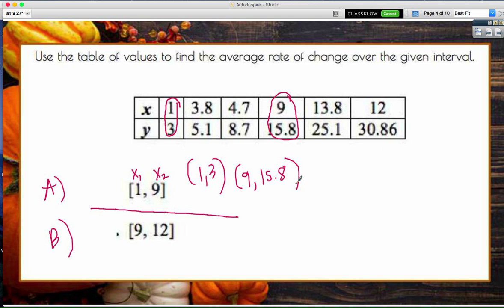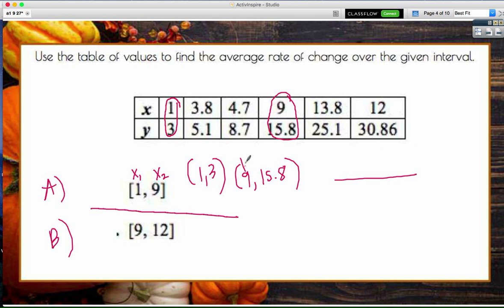So let's see. Matthew, what should I set up the top like? What should be on top from those 2 points? I'm saying if I do y2 minus y1 over x2 minus x1, what would be on top? 9 minus 15.8? Well, that's the same point, sweetheart.